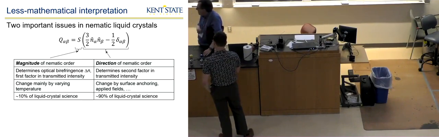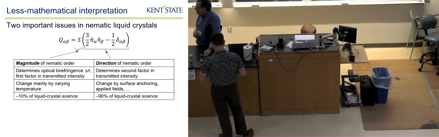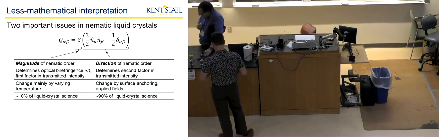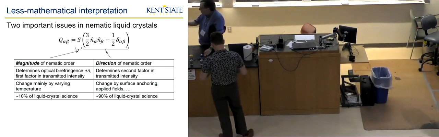A vector order, like in a ferromagnet, would be characterized by a spherical harmonic with L equals 1. Yes, absolutely. Something represented by a tensor of a certain rank corresponds to a spherical harmonic with L equal to that rank.